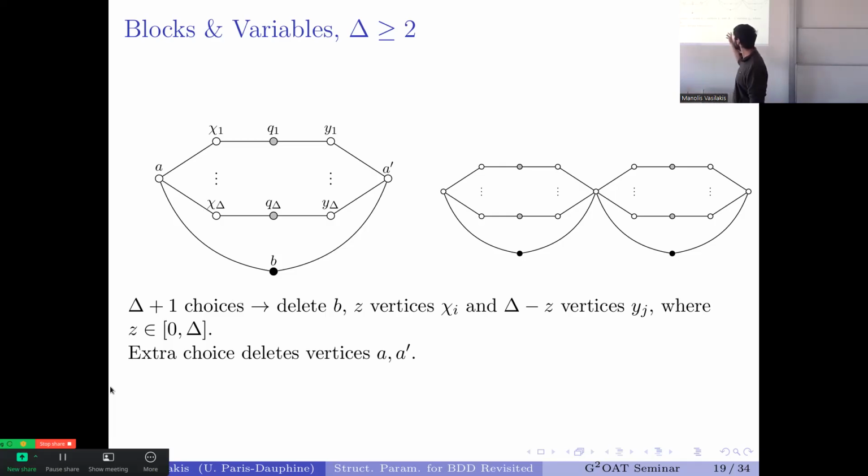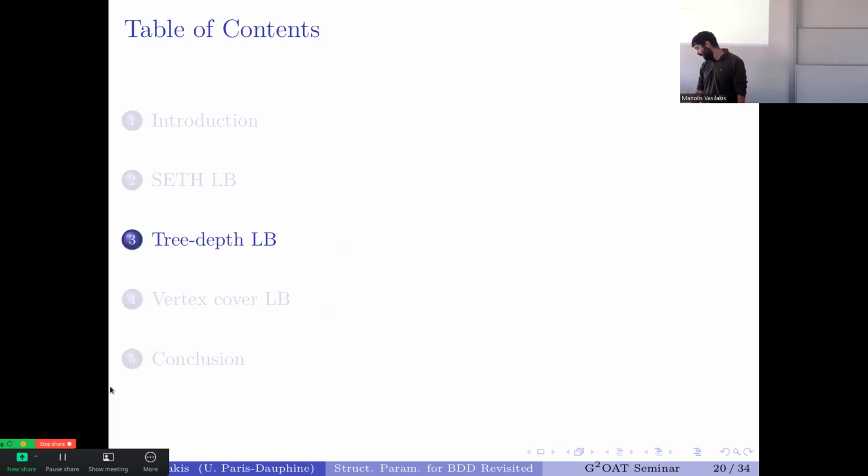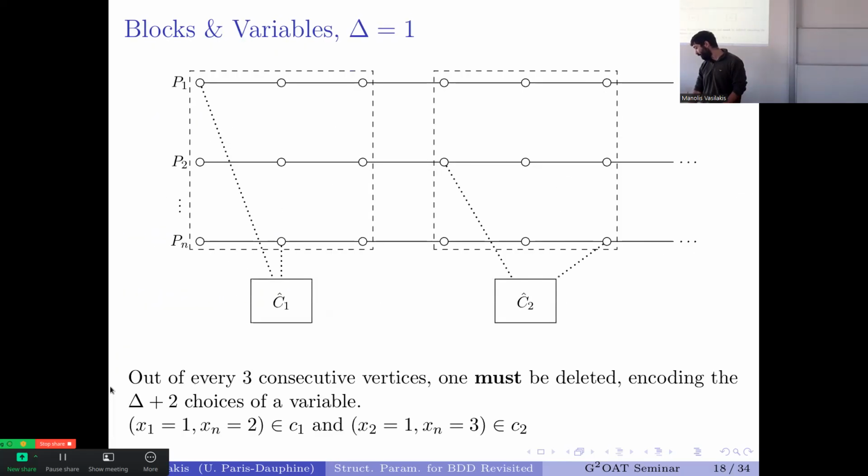And the extra assignment comes from deleting vertices A and A prime and some other stuff, but we do not really care. So again, this captures delta +2 logical choices. And afterwards we pretty much do the same thing, right?